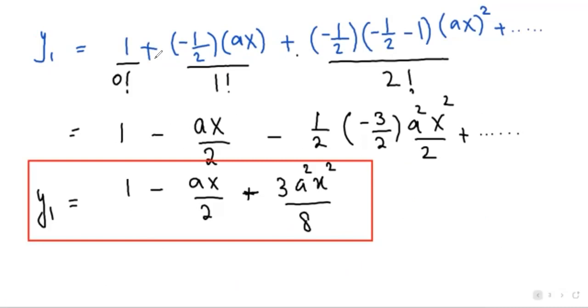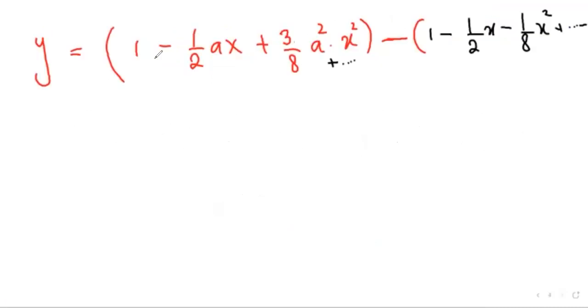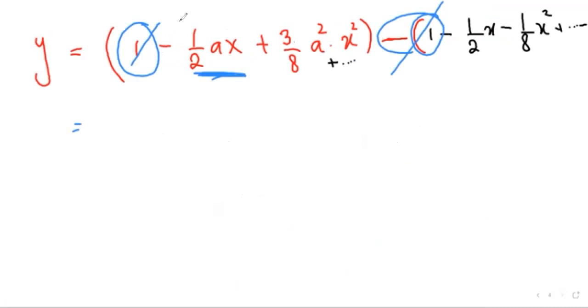Okay, so 1 and then minus 1, these are cancelled. Now we are left with this x containing part and this x containing part. We can take x as common, so it would be 1 by 2 minus 1 by 2a.